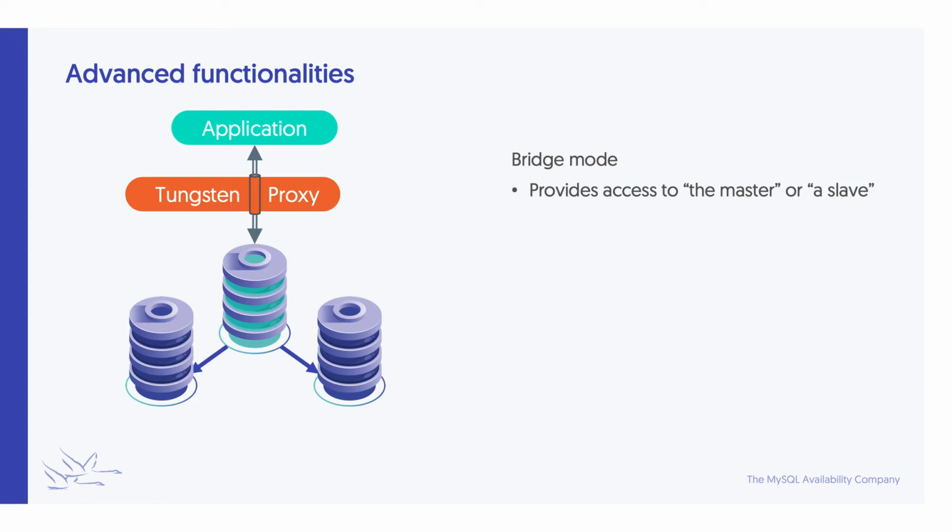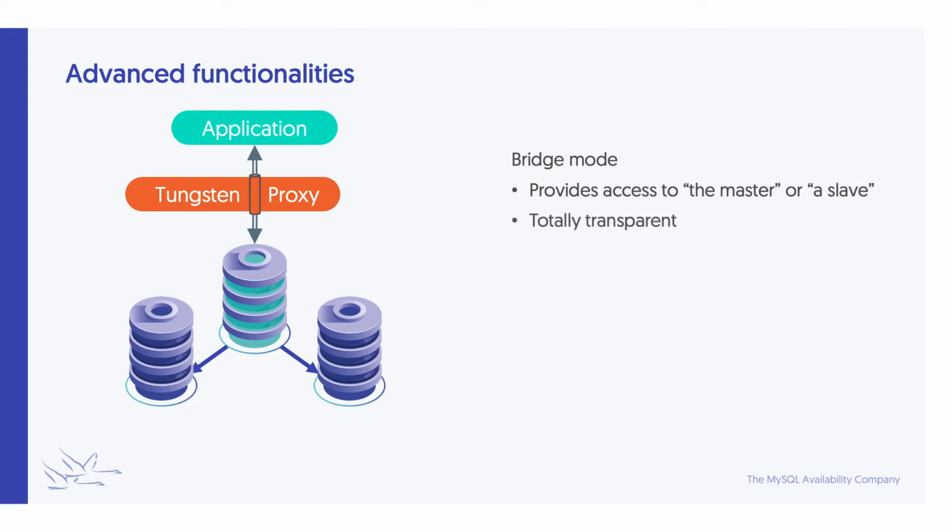Actually, instead of having application to proxy and then proxy to master connection, we in the proxy provide direct socket network level access to the master. We actually can also do that to a slave if the application tells us to, or through a different port to access the proxy.